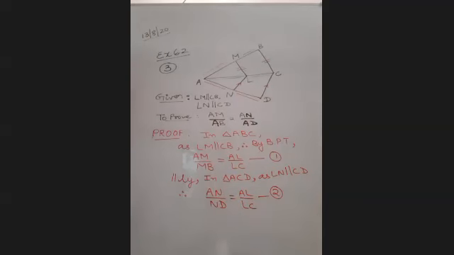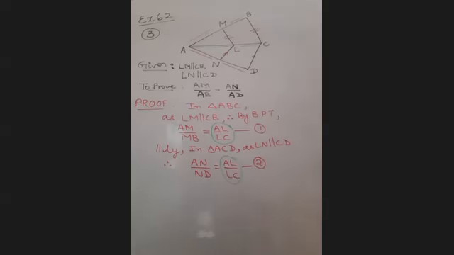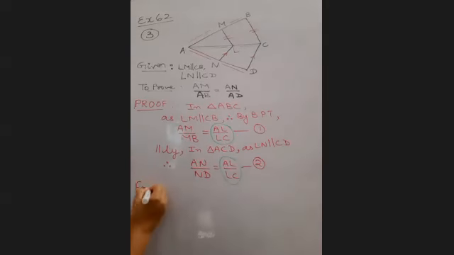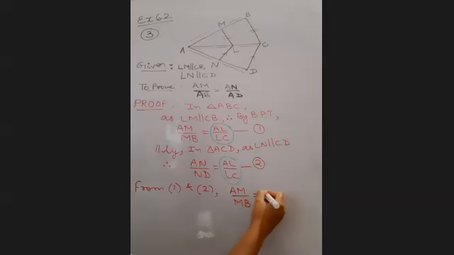Now from 1 and 2, you can see that the RHS of both is the same. So what will we get? AM upon MB is equal to AN upon ND. This is the conclusion we are reaching.